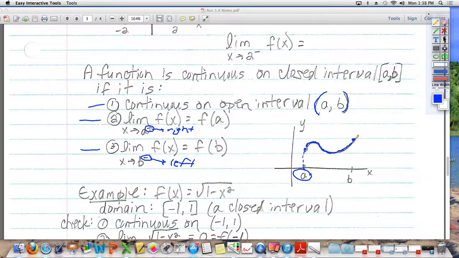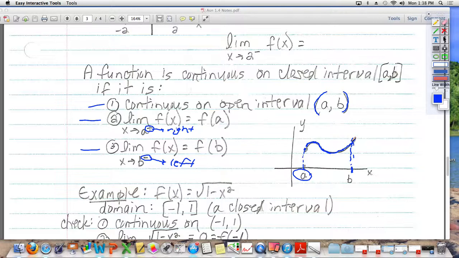So what is the value of the function at B? Well, it's that, which happens to match the limit. So all 3 of these are met, therefore it is continuous, not only at a point, but it is continuous in a certain interval. So more than 1 point.